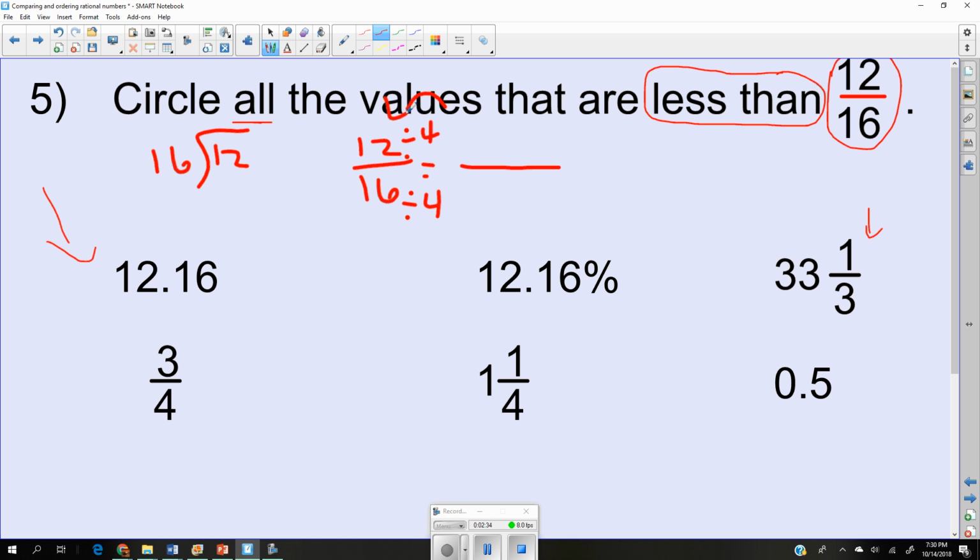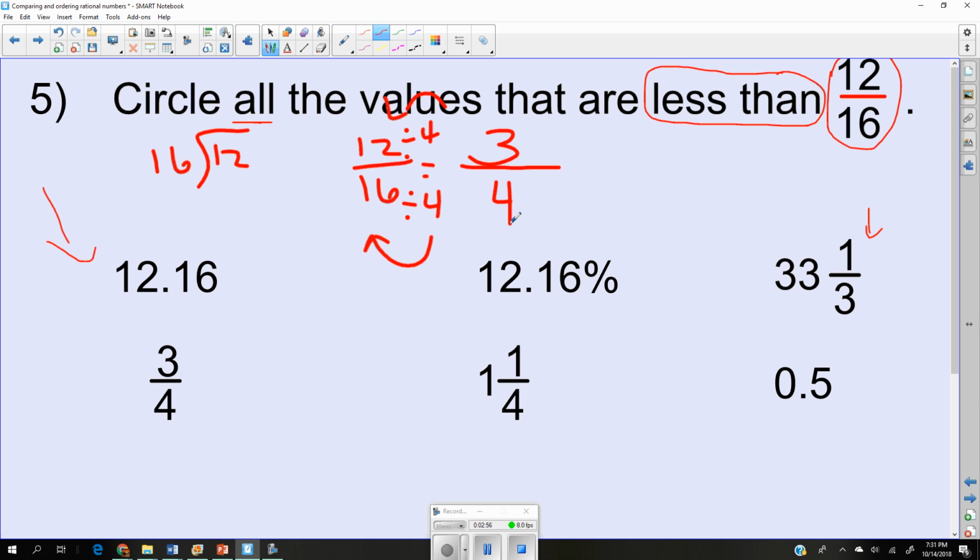So 4 times what is 12? Well, yep, 3. So we are going to put the 3 there. And 16 divided by 4, but let's think. Okay, let's see. 4 times what is 16? Oh, I know that one. It's 4 times 4. So it's 3/4.